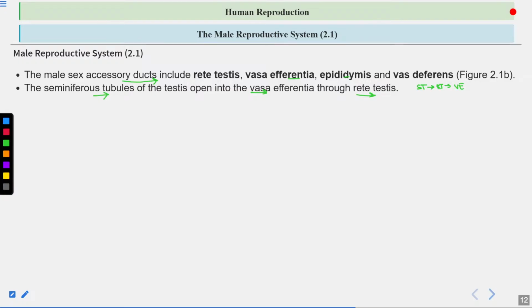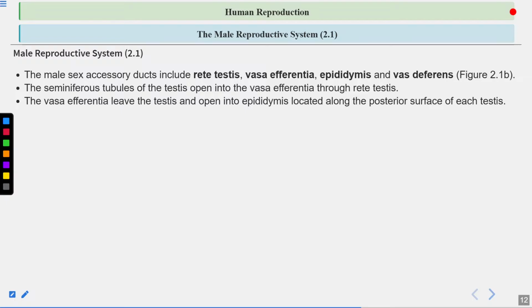So what is rete testis? Rete testis is a network of small tubes within the testes that collects the sperms from the seminiferous tubules. So now the sperms are in rete testis, and from the rete testis, sperms are transferred to vasa efferentia.